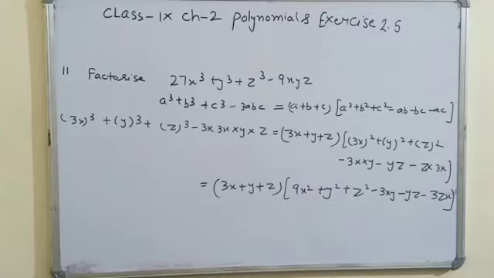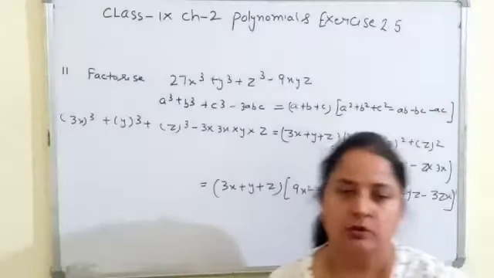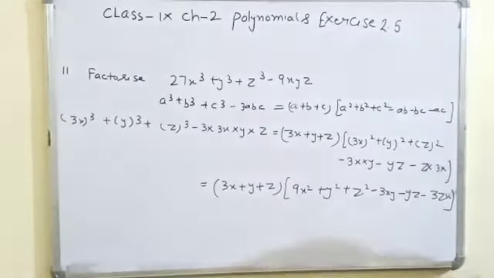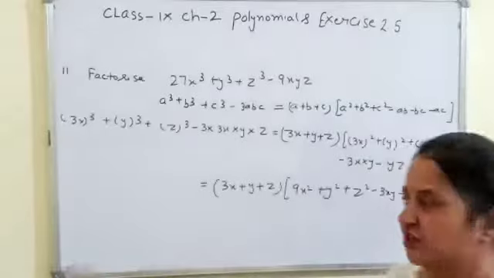Let's solve question 12. The main thing in this question is that you have to identify which identity we can apply in a particular question. If you know it, then you can easily solve any problem. Firstly, you have to identify which identity is suitable for the given statement.